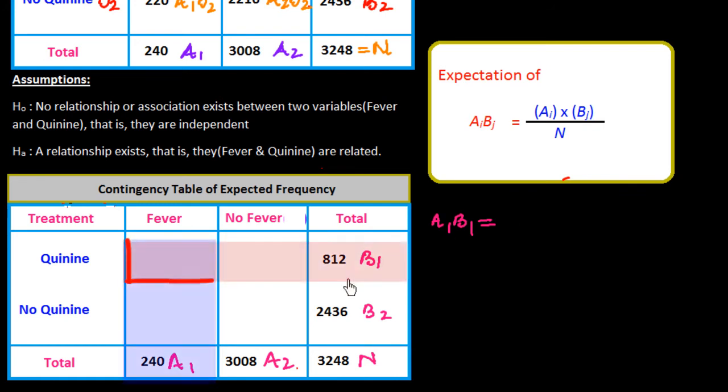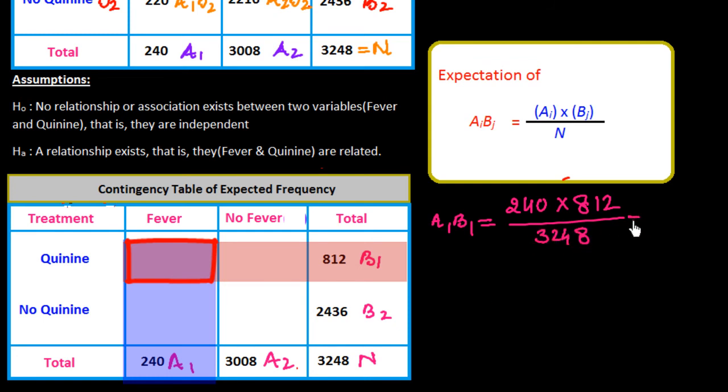So it is A1 into B1. A1 we have 240 and B1 we have 812, and we divide it by N. N is 3248. So we get here 60.